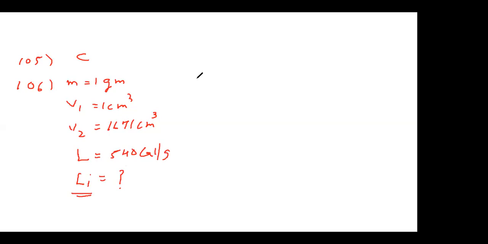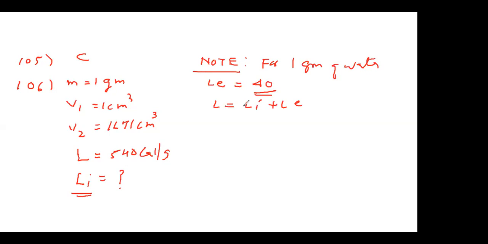So just remember, for 1 gram of water, external latent heat is always 40. So internal plus external is called total latent heat. Internal matlab the heat which is separating the molecules.